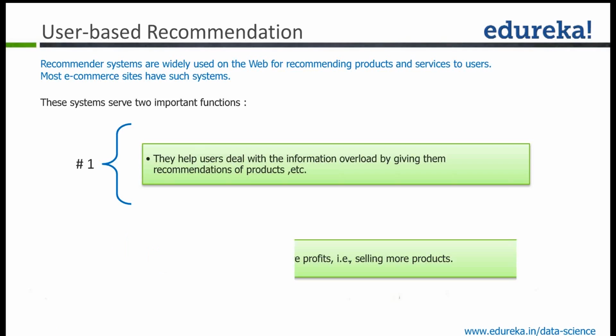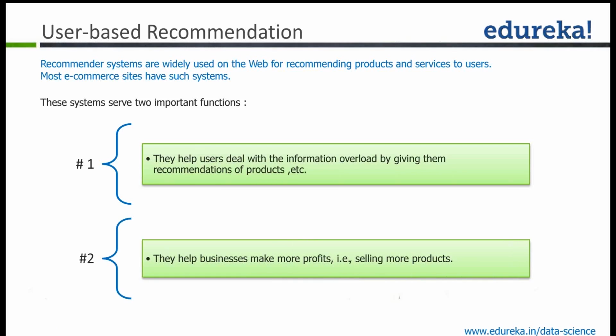So you try to find a person who is similar to Rajiv and then take all the products that the other person is using and recommend them to Rajiv. That's another way of doing recommendations, so that's basically user-based recommendation.